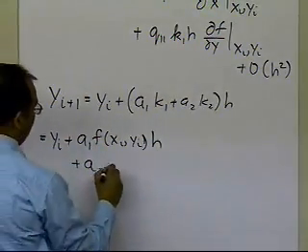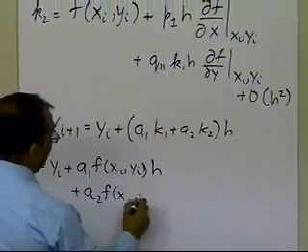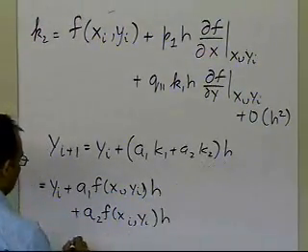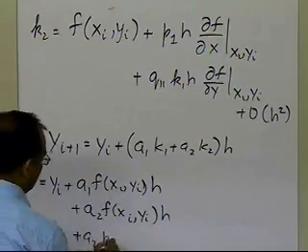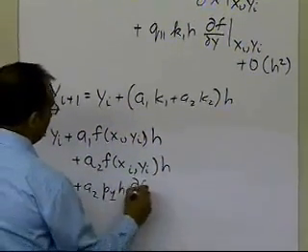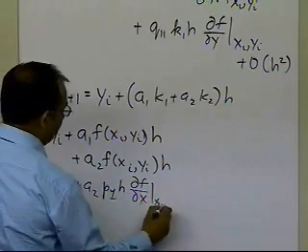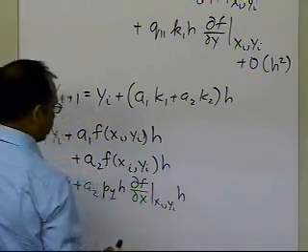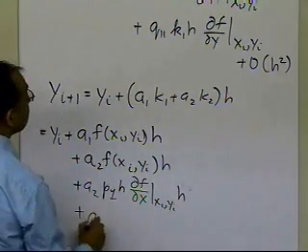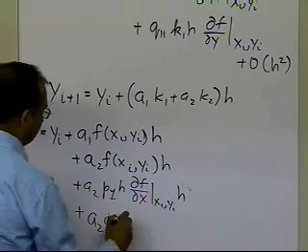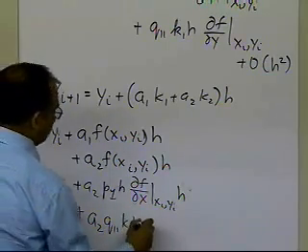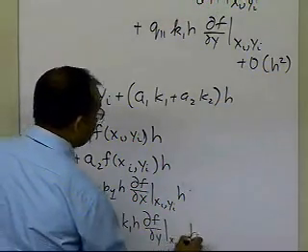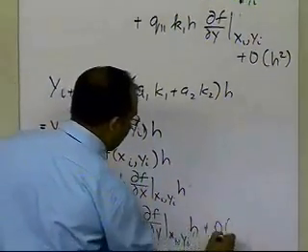So I'm going to get a2 times the value of the function at x of i, comma y of i, times h, where h is coming from there, plus a2 p1 h del f by del x at x of i, comma y of i, times h, plus a2 q11 times k1 times h, del f by del y at x of i, comma y of i, times h, plus order of h cubed terms.